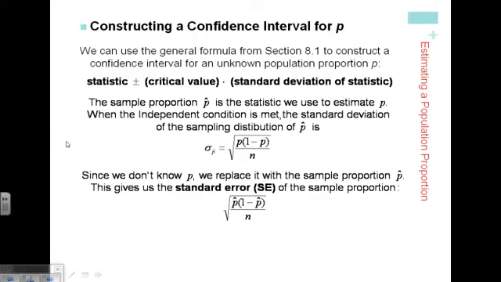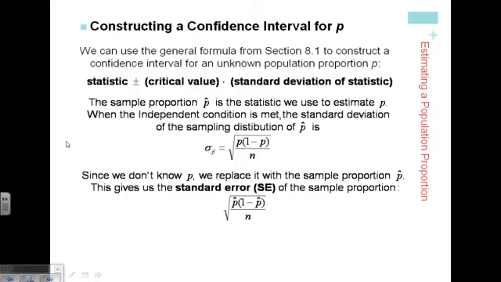Now, I have to give one more piece of vocab. Jason was brilliant by saying instead of using p, let's use p-hat. Unfortunately, as soon as we use p-hat, that formula, that square root, is no longer the standard deviation of p-hat. We're using a different number, so it's not the standard deviation of p-hat.